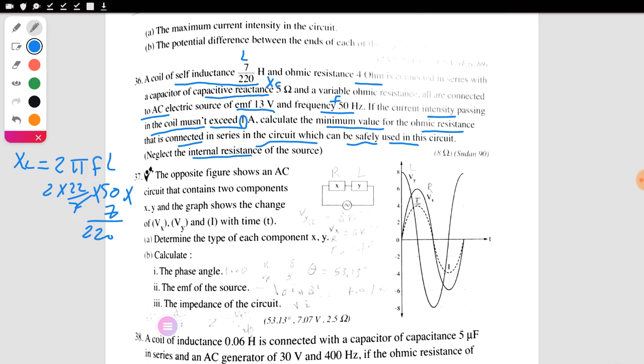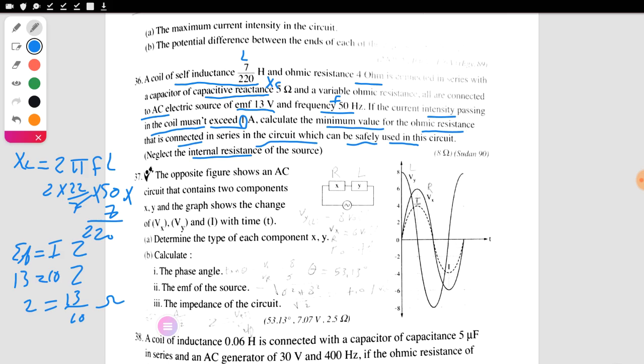We know the capacitive reactance. The effective EMF equals I Z. EMF effective equals 13 volt, current intensity equals 10 ampere, so Z equals 13 divided by 10 ohm.